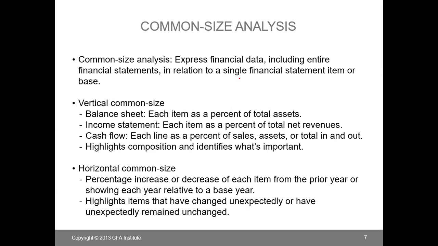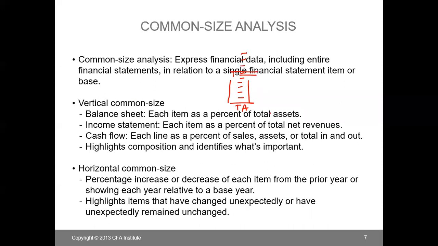In case of balance sheet, you can take the total assets as a base. So in case of vertical common size, think of a particular company. This company has total assets of certain value, and other assets, other liabilities are here. Obviously, there is total liabilities and shareholders' equity here.